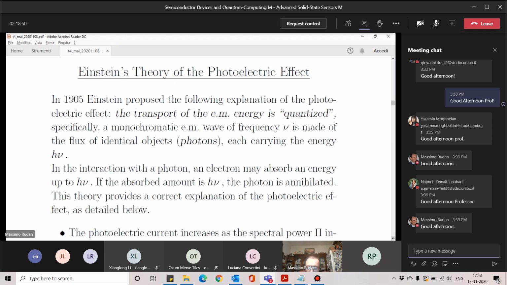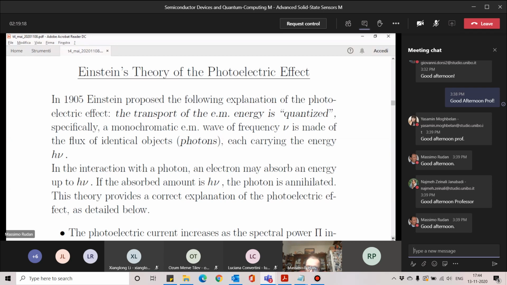So this explanation shows why the blocking voltage in the photoelectric effect was related to frequency, because the frequency of the electromagnetic mode multiplied by the Planck constant provides the energy of each photon.